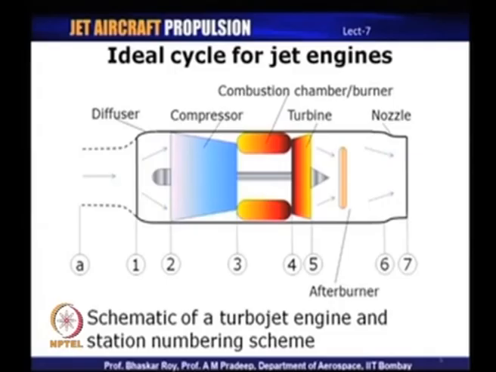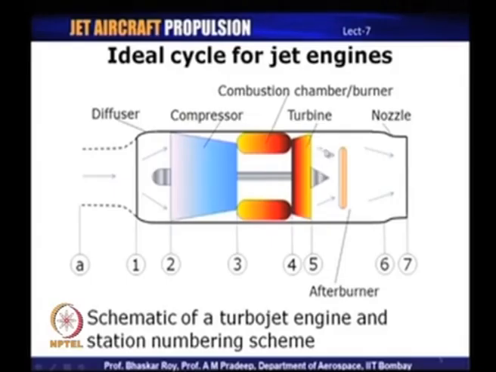Downstream of the combustion chamber, we have the turbine, and the turbine expands the air which is at high pressure and temperature at the exit of the combustion chamber, and in that process it delivers work output, and this work output is basically used to drive the compressor. So, the turbine in a turbojet is mainly used for driving the compressor.